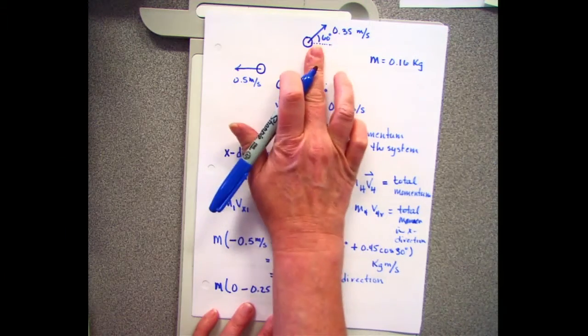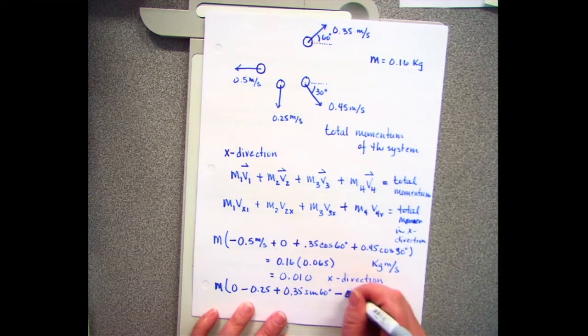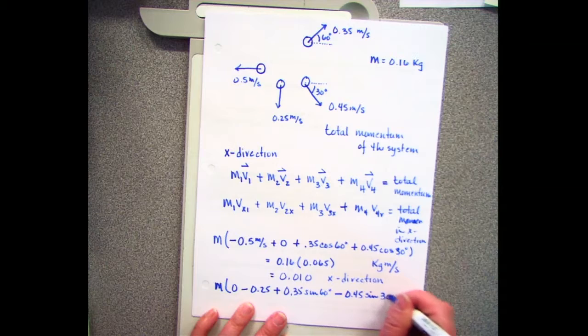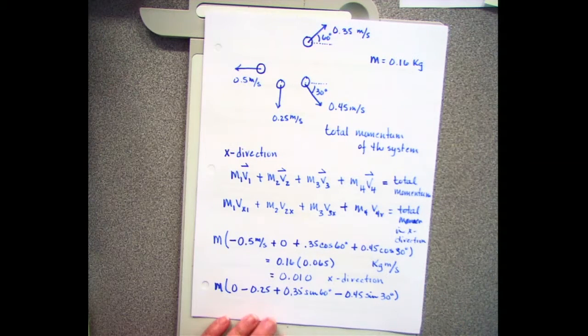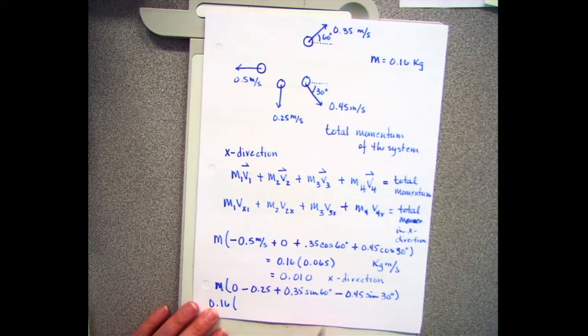This one has a positive 0.35 sine of 60 degrees, and this one has a negative 0.45 sine of 30 degrees. That gives me 0.16, and I got my negative 0.25.